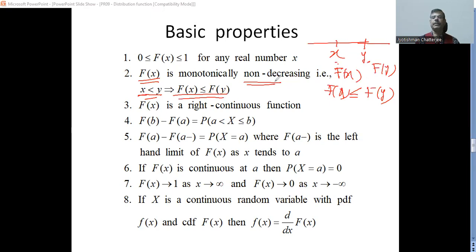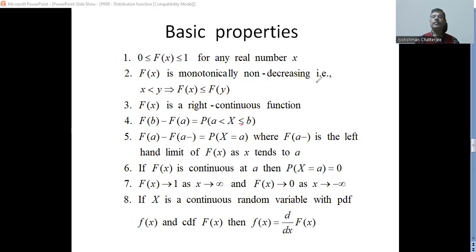That always happens. Why is it so? Let's see the reason. What is F(x)? F(x) equals, and what is F(y)? Now, two events we have.